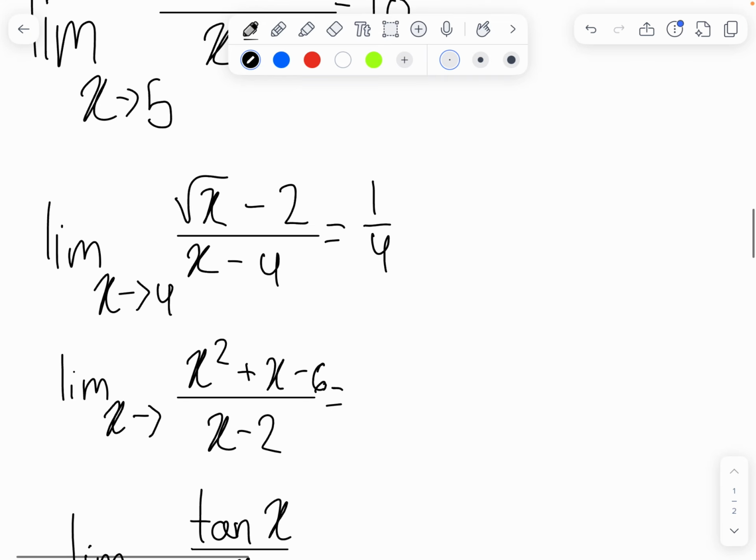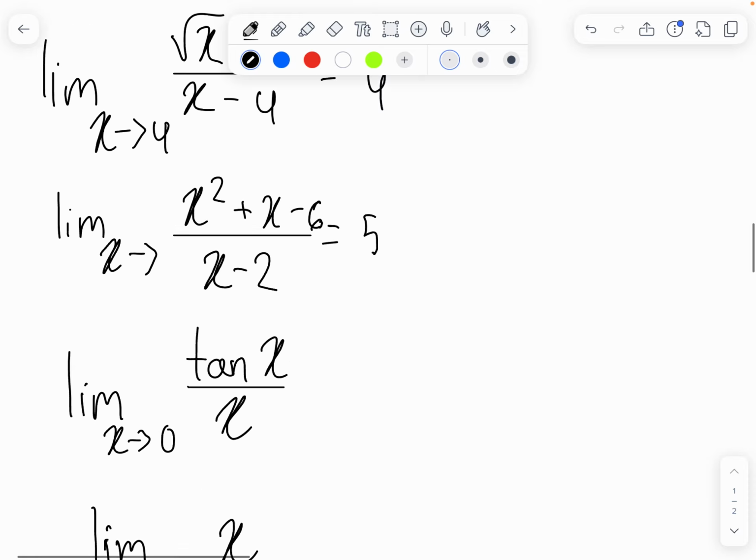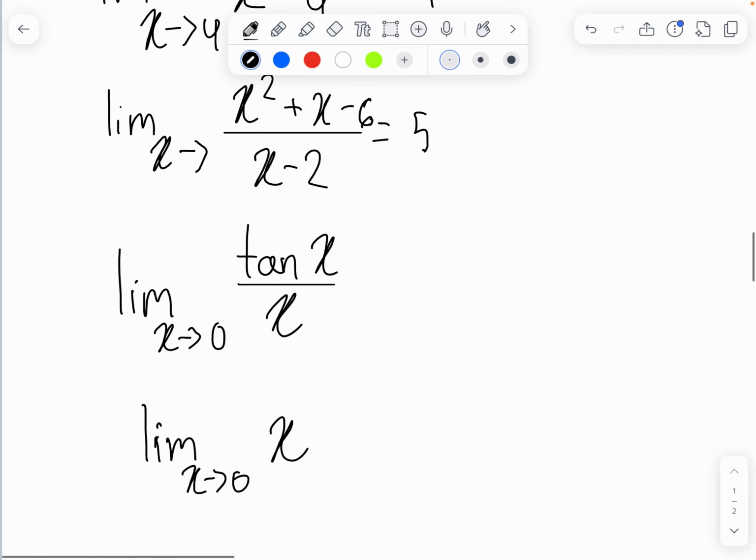Yeah, that does. This should equal 5. This should equal 1. And this should just equal 0.